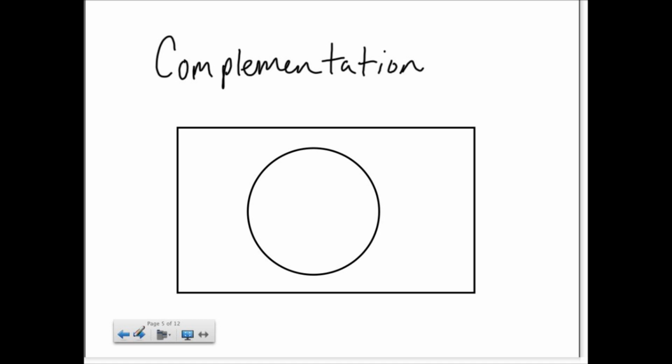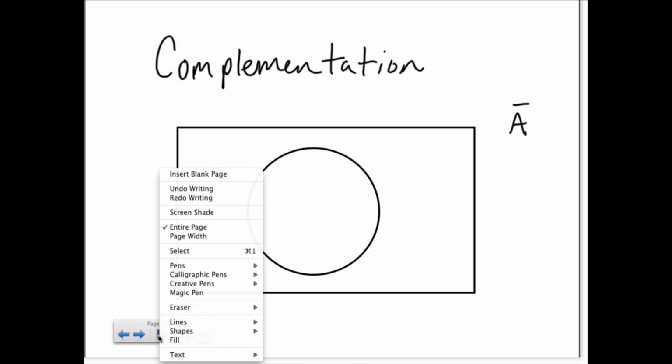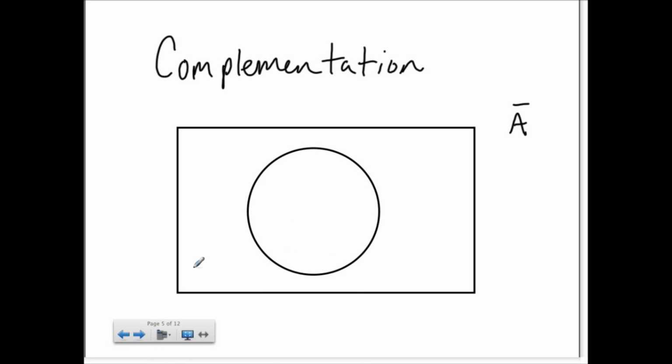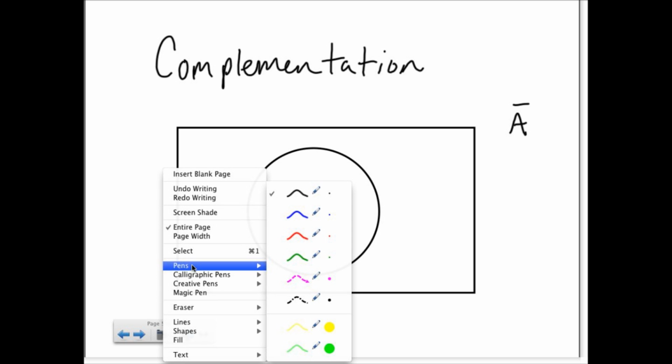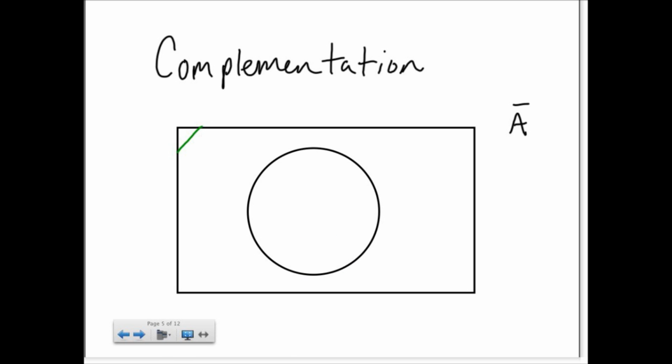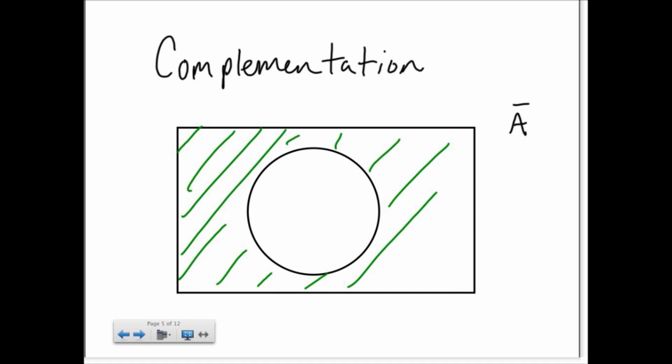Now complementation is another interesting law. The complement of A, which is denoted by this, means anything that's not A. Essentially that can be demarcated in green here. It's anything that's inside the universe but not inside A. So that's going to be your complement of A, not A essentially.